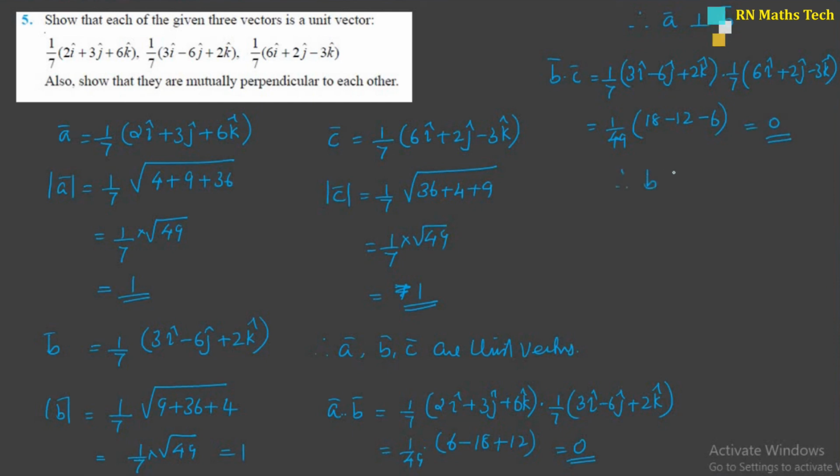Therefore, b bar perpendicular c bar. Now a dot c. A bar dot c bar equal to 1 by 7 into 2i plus 3j plus 6k dot 1 by 7 into 6i plus 2j minus 3k.